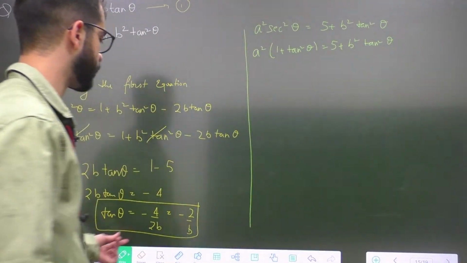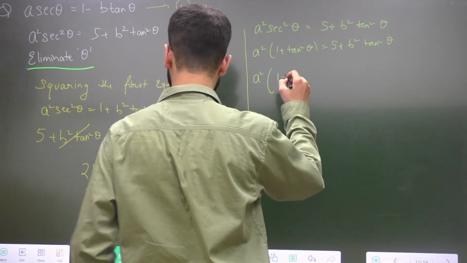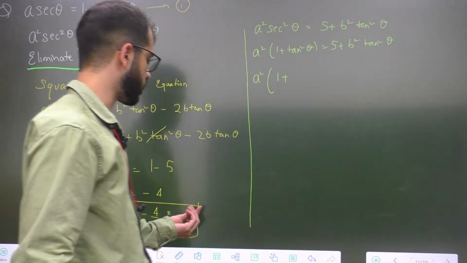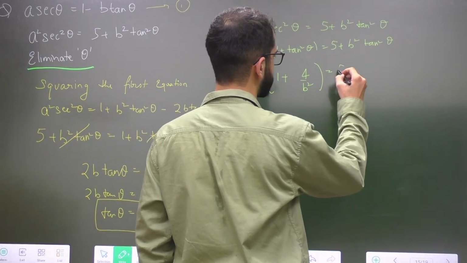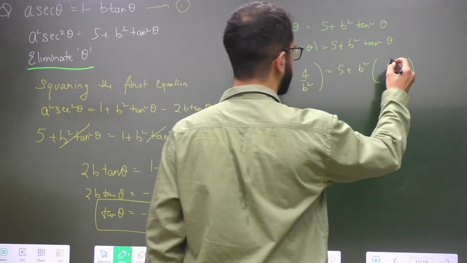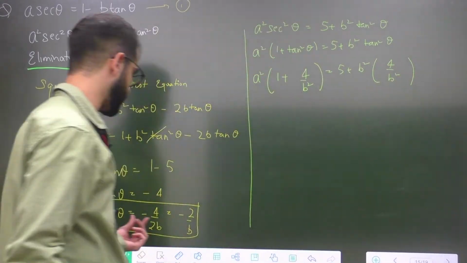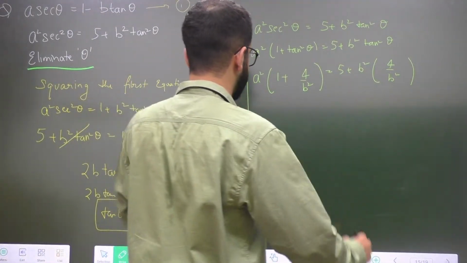Now tan theta equals minus 2 upon b. I'll substitute it. I'll get a square into 1 plus tan square theta, with tan square theta being 4 upon b square, equals 5 plus b square into tan square theta, that is 4 upon b square. If I square both the sides, I'm going to get tan square theta equals 4 upon b square. So now let's see what's happening over here.